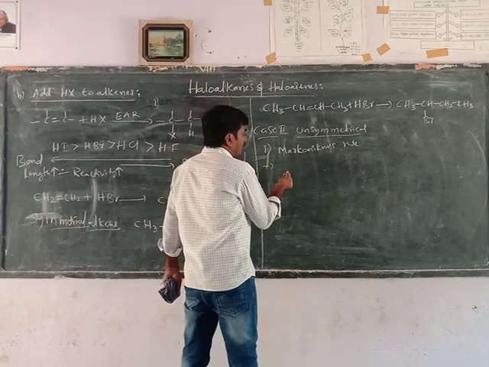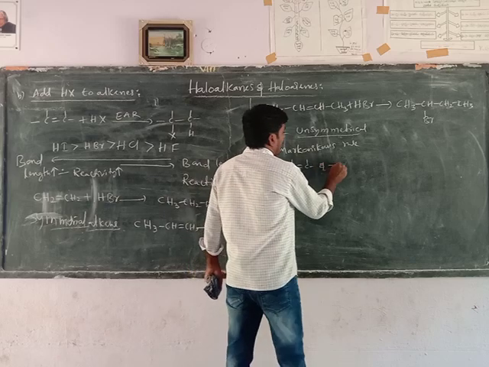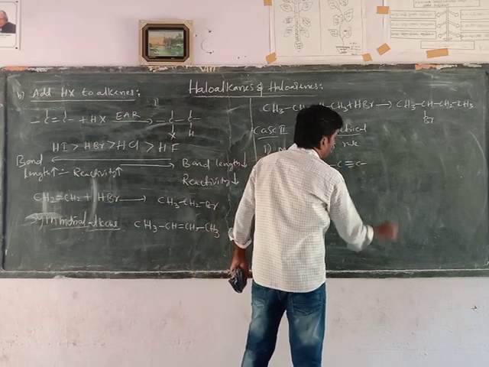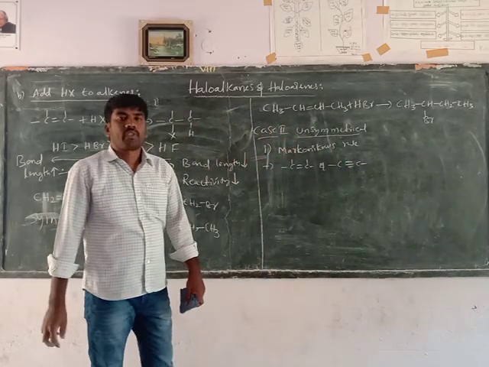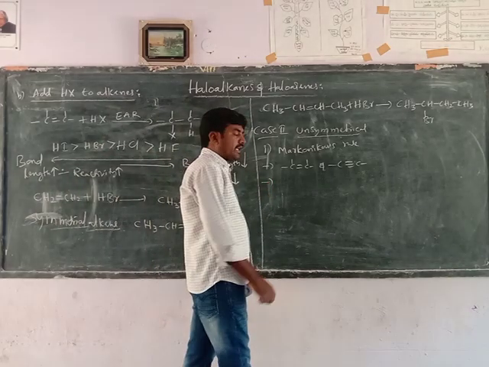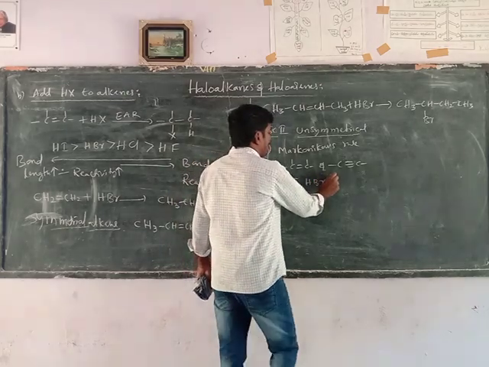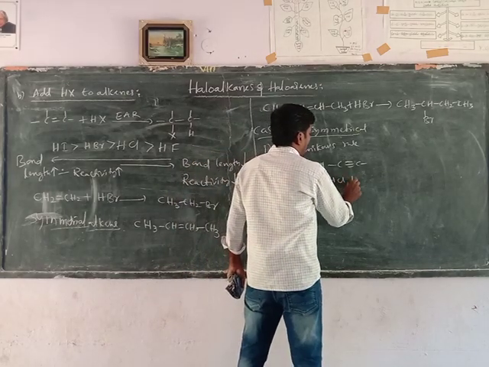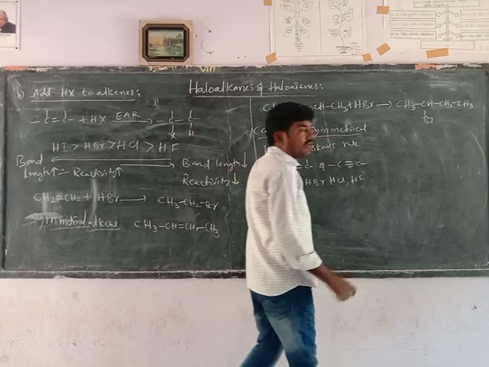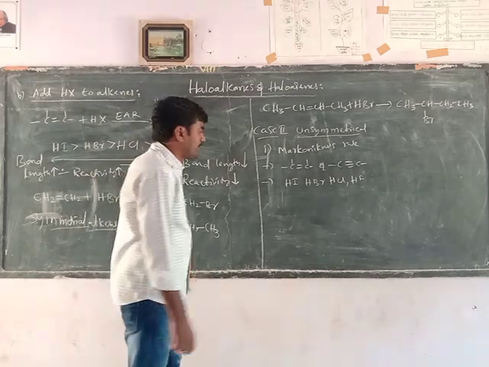The Markovnikov rule is followed by alkenes and alkynes. Both follow the Markovnikov rule. All hydrogen halides, meaning hydrogen iodide, hydrogen bromide, hydrogen chloride and hydrogen fluoride, all follow the Markovnikov rule and all give the Markovnikov product.